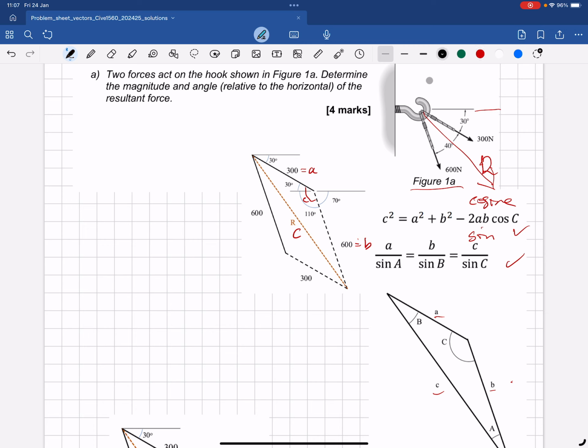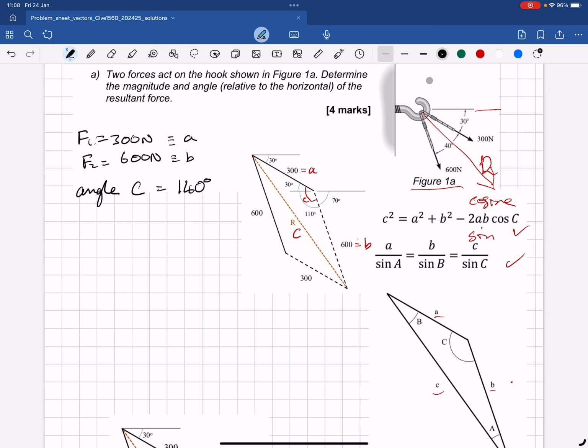Right, let's just write what we've got. We've got F1 is equal to 300 newtons, which is equivalent to A. F2 is equal to 600 newtons, equivalent to B. We have the angle C is equal to 140 degrees.